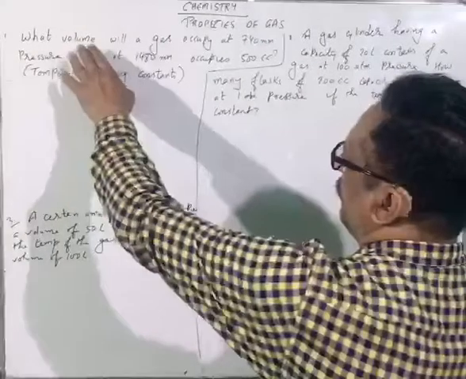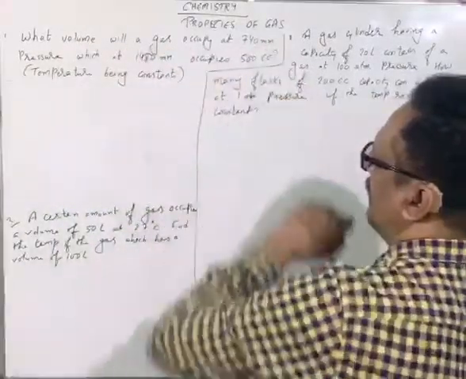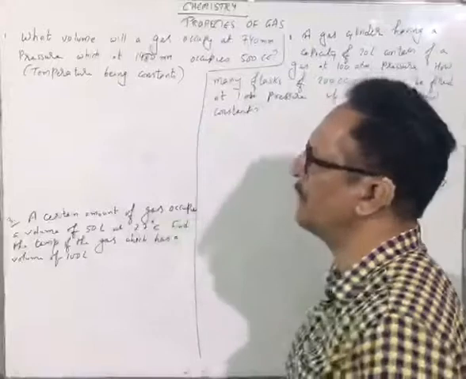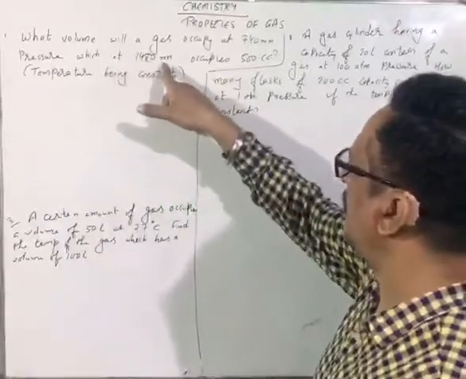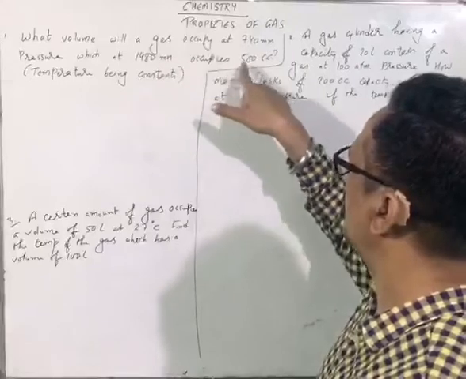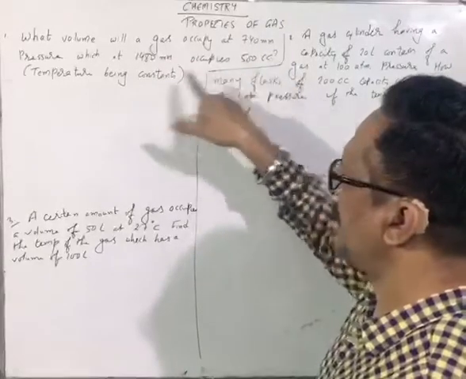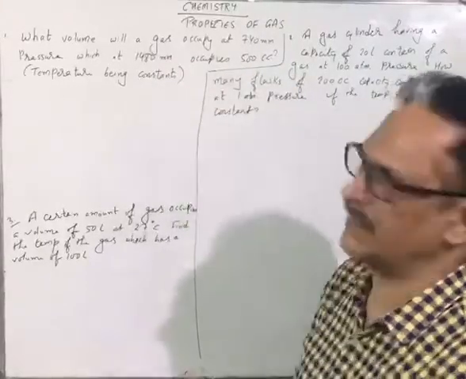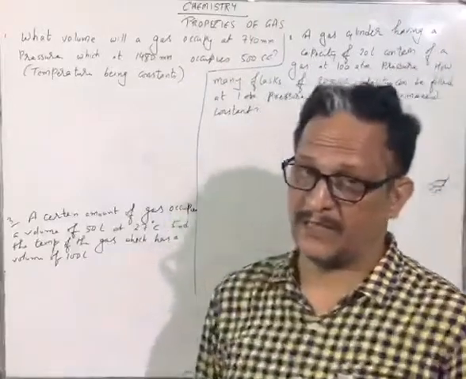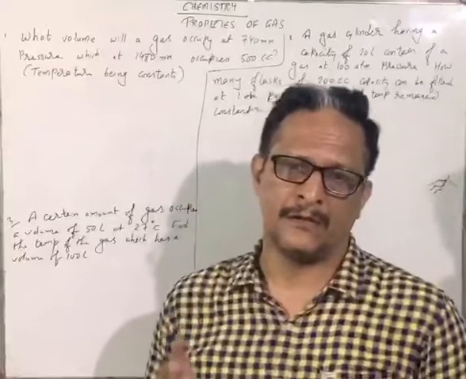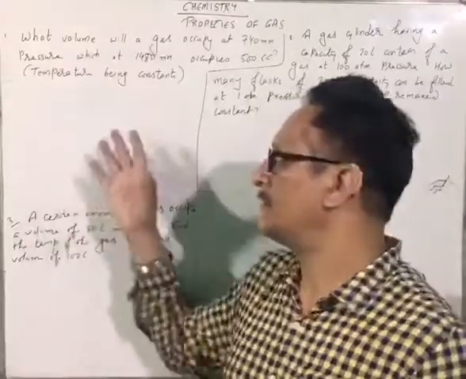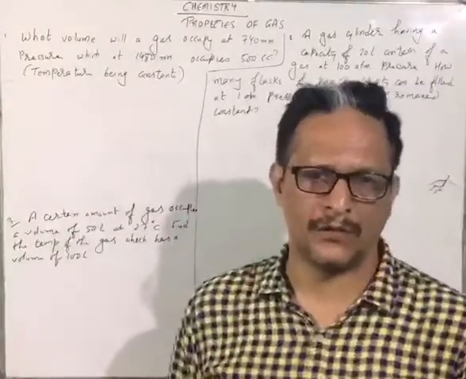What volume will a gas occupy at 740 millimeter pressure, which at 1480 millimeter occupies 500 cc, temperature being constant. You must keep in mind that when the temperature is constant, Boyle's law is applicable.